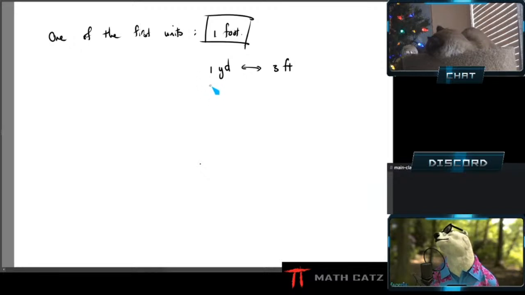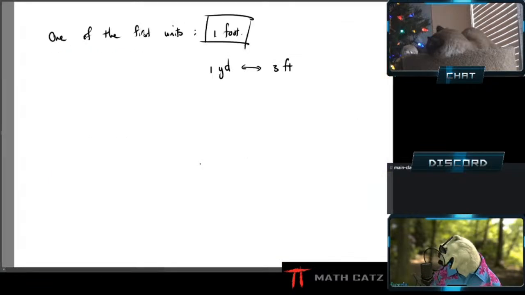so it's easier to work with. And then when I travel even longer distances, it could be many, many yards, and that's not quite as efficient to use.